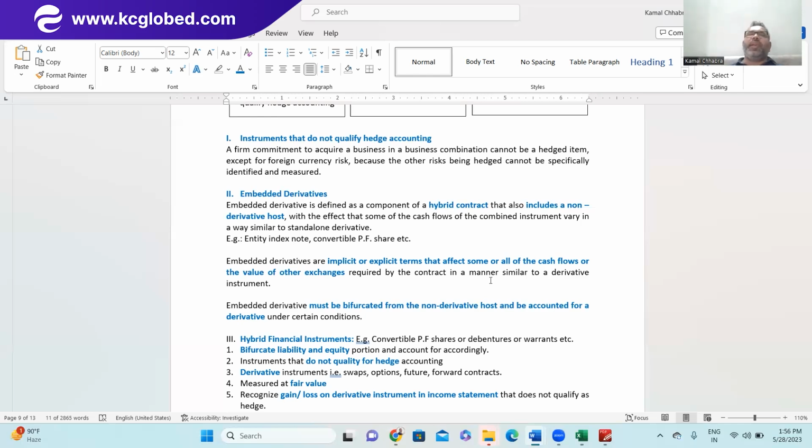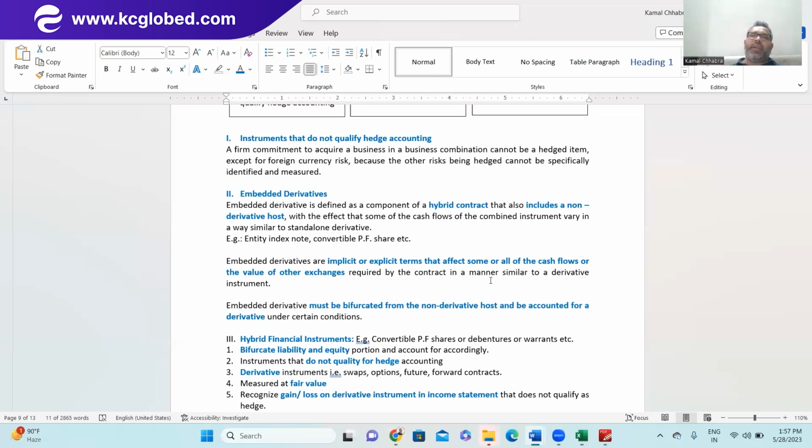Maybe a loan, you have taken a loan that is like a convertible debenture. In the debenture, you have straightforward 10% interest, but in future at what price it will get converted into equity, and what financial benefit the equity holder will get, would be decided at a later date. So that is a derivative embedded in it. The non-derivative host is the debenture.